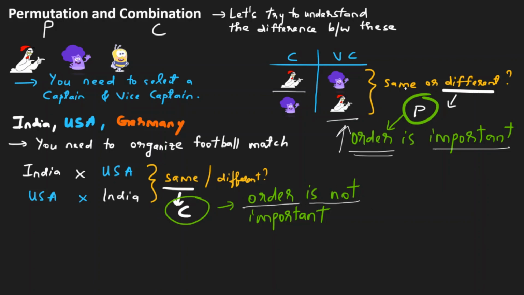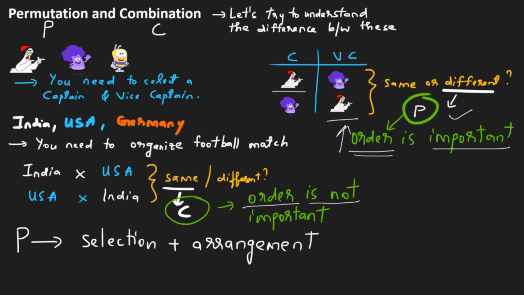Alright. Now, you will notice that in the case of permutation, selection and arrangement is involved. That is, out of these 3 friends, in one instance, we selected 2 friends. That is, we selected the hen and we selected broccoli. That's selection over here. And after doing the selection, we arranged them in the positions of captain and vice captain.